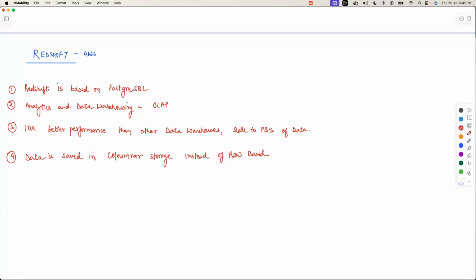Columns carry the headings and rows carry the entries. But here it is different. Here rows carry the headings and columns carry the entries. So it varies how data is being saved.